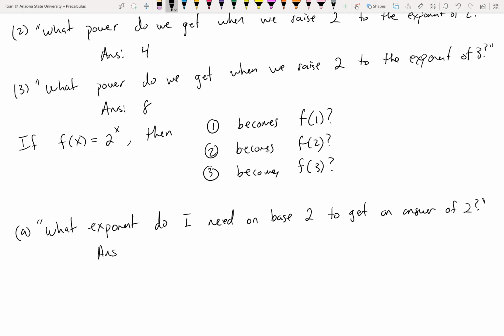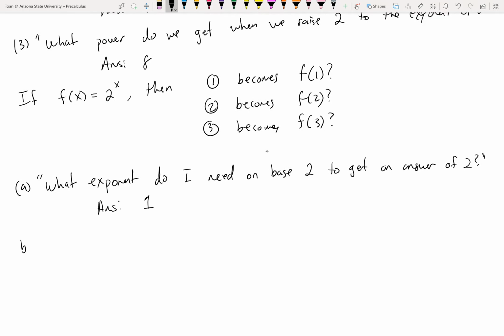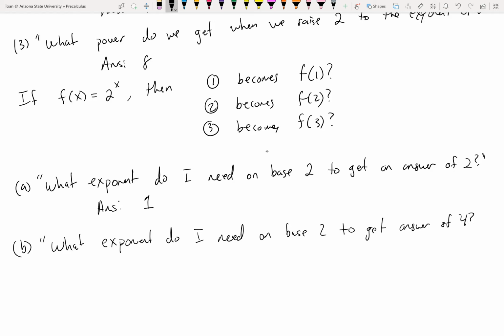Hopefully you guys understand that the answer is 1. What if, letter B, I asked you, what exponent do I need on base 2 to get an answer of 4? In other words, 2 to the what power gives me 4? Of course, you guys should know that the answer is 2.